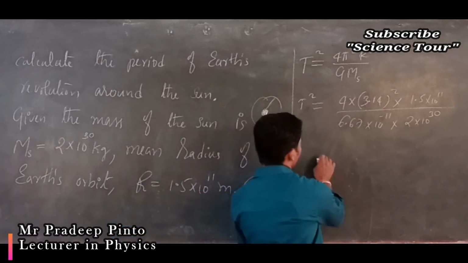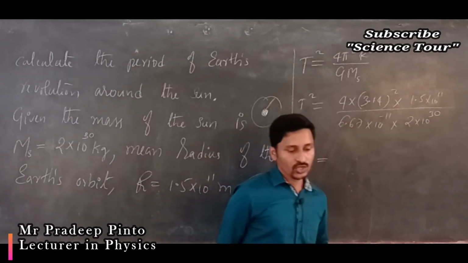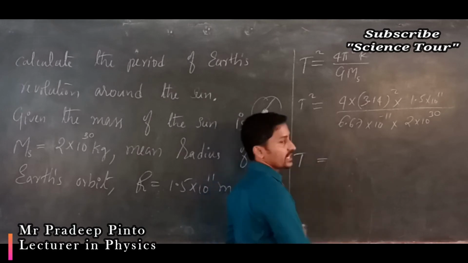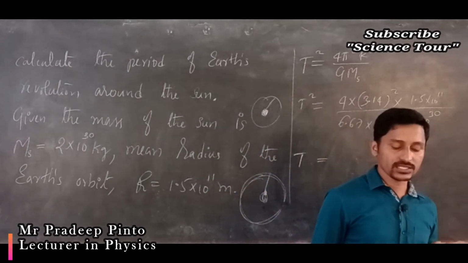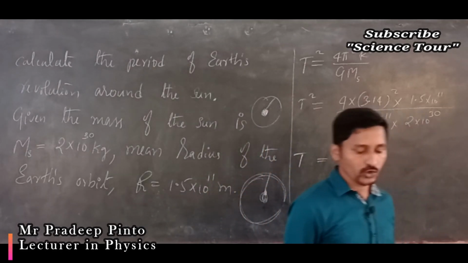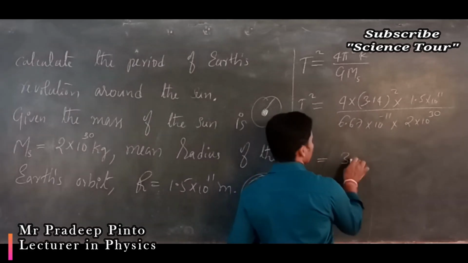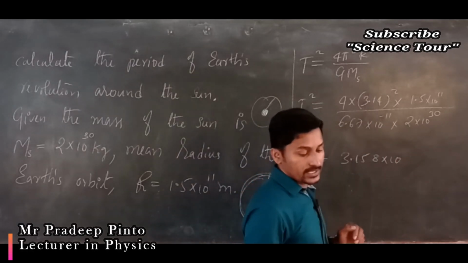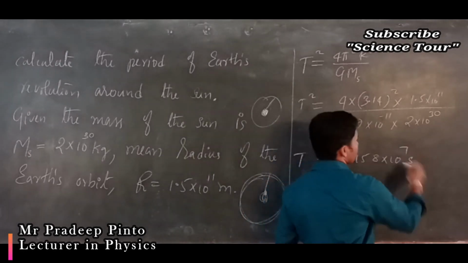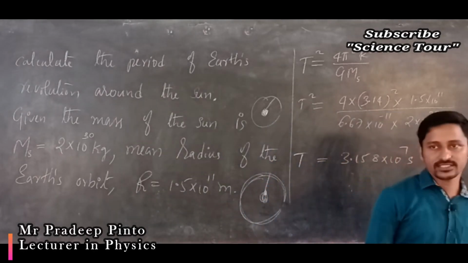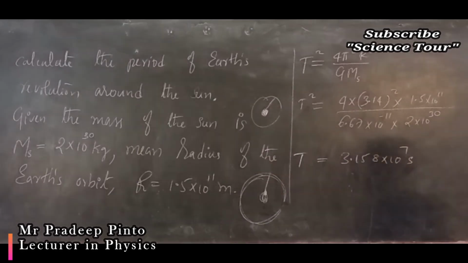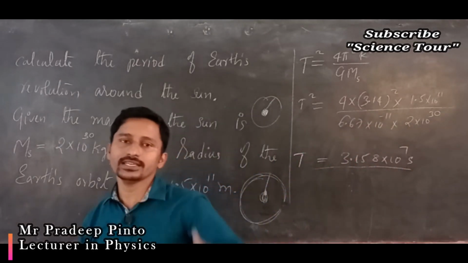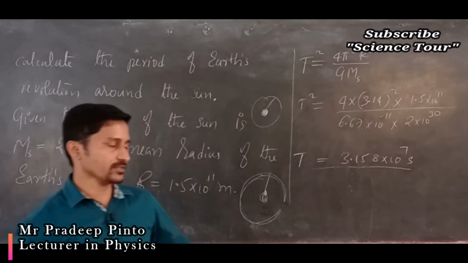So if you do all those calculations, you will get the answer T equal to 3.158 into 10 to the power 7 seconds. Now the time period of the Earth is this much. We have to say it in terms of days, in terms of years.